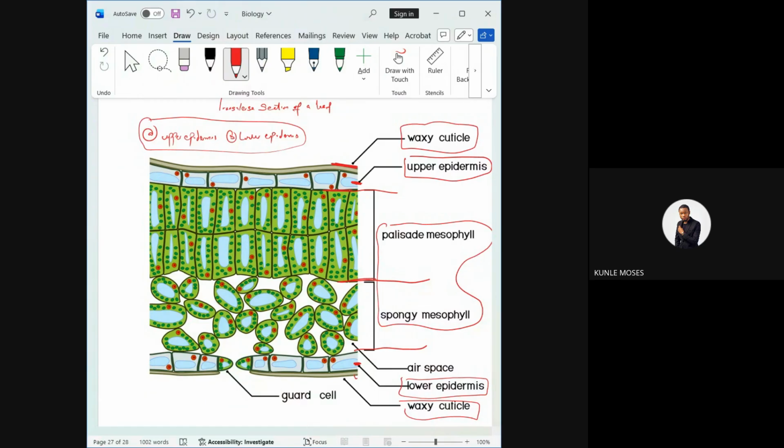Is there anyone that will give you a headache here, or should I continue? Hello, are we all clear? I believe everybody can identify any component or structures in the leaf right now, right?